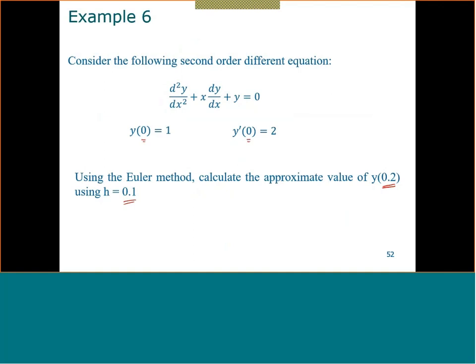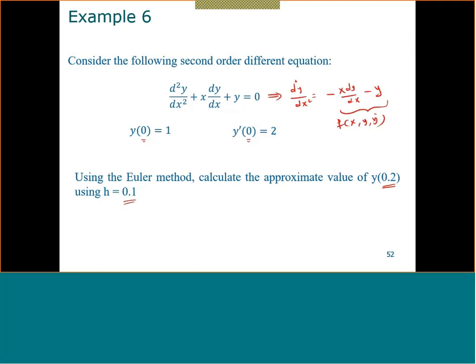So when you look here, if you put the equation in this format, the second derivative of y, d squared y by dx squared, is equal to minus x dy by dx minus y. So this is the function that I told you in terms of x, y, and y prime.